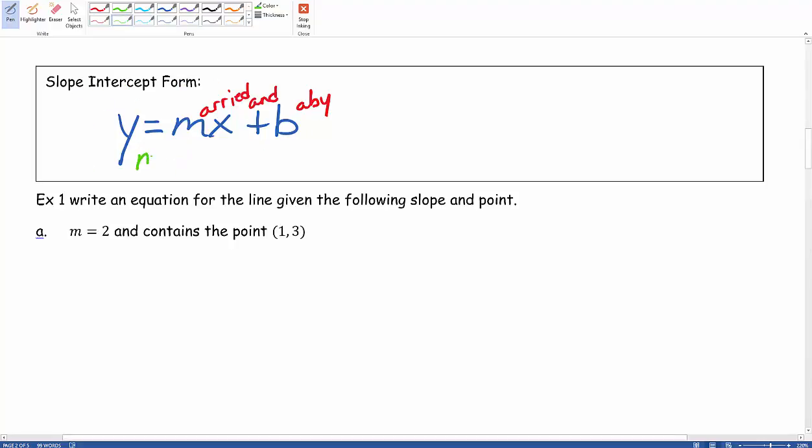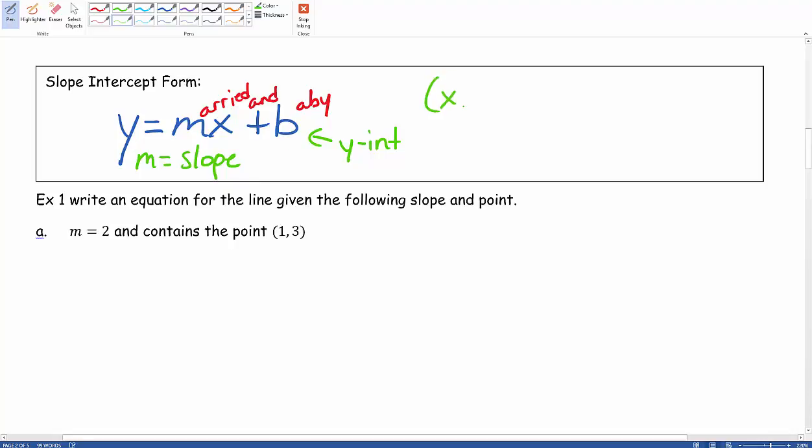Our m is our slope. Our b is our y-intercept. And our x and y's are going to remain x and y because they work for a multitude of numbers.